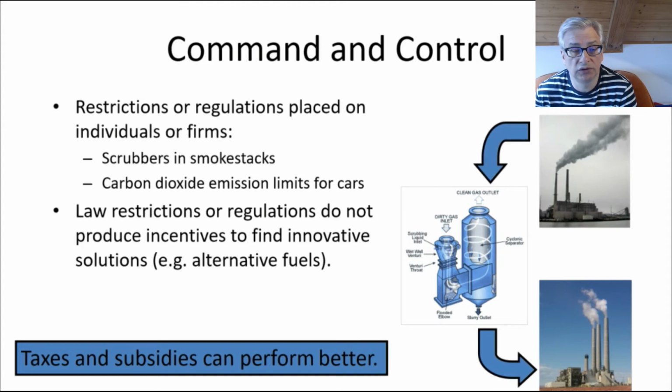So, for instance, if we produce some carbon dioxide emission norms for cars, as soon as producers will be able to produce cars that satisfy this limit, they will have no further incentives to innovate and to create better cars. Taxes and subsidies are believed to perform better.